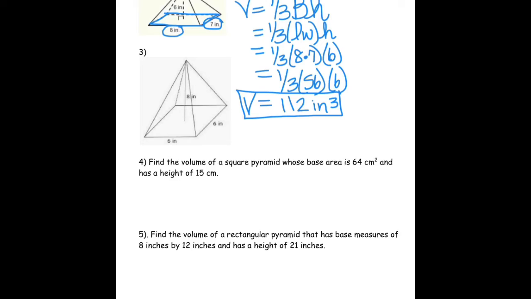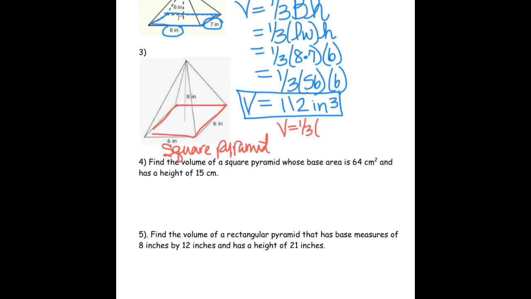So now I need to find the volume of shape number 3, which is a square pyramid. Again, the formula, volume equals 1/3 times the area of the base.